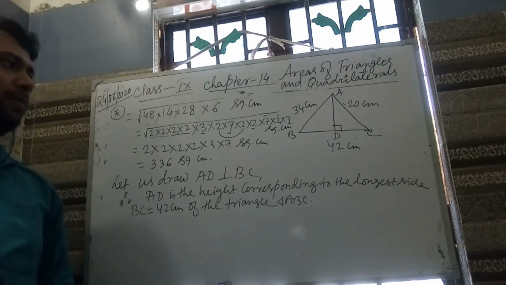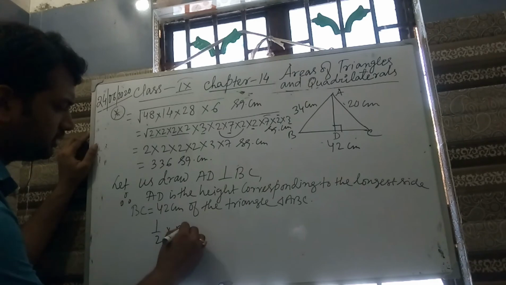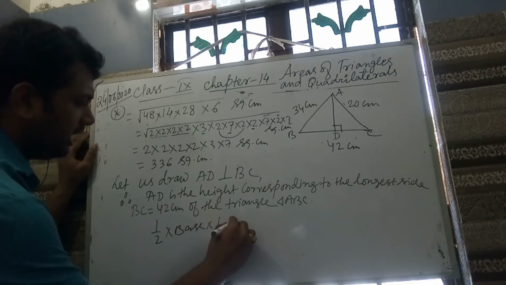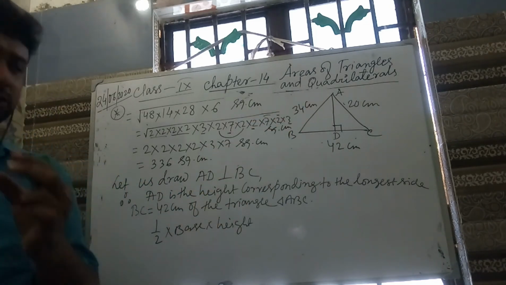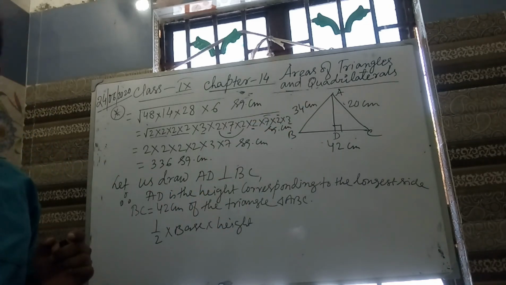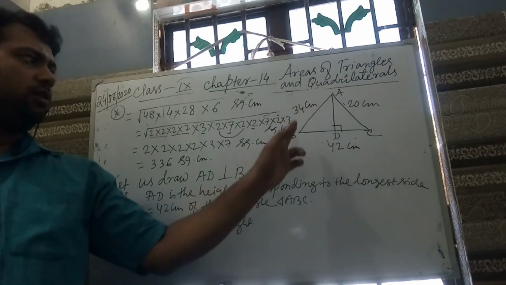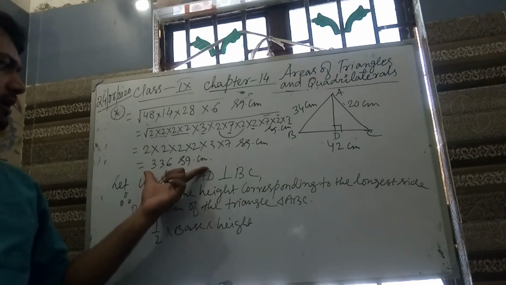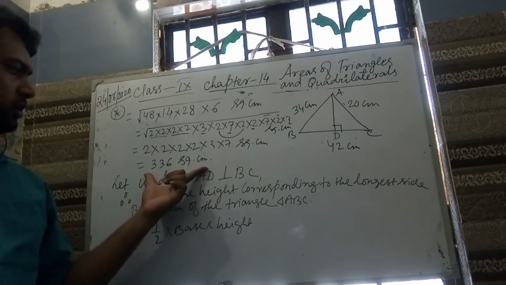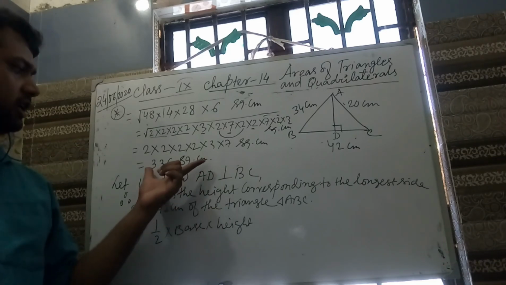So using half base into height, you will get the area of the triangle ABC, which must be equal with this area. Again I am repeating. Area of the triangle ABC is obtained by half base into height. We also found the area to be 336 square centimeter by Heron's formula.